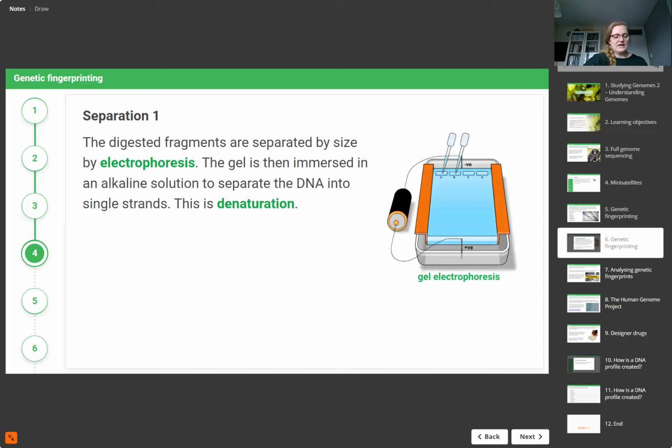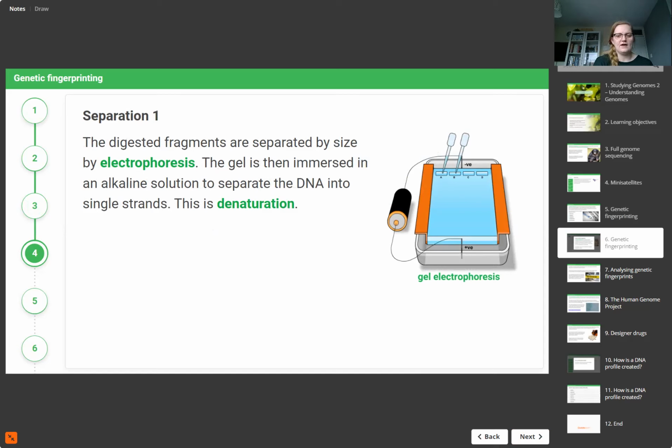So then the DNA fragments go through something called gel electrophoresis. Basically, the overview is the digested fragments are going to be separated by size by electrophoresis. The gel is then immersed in an alkali solution to separate the DNA into single strands, and this is denaturation.